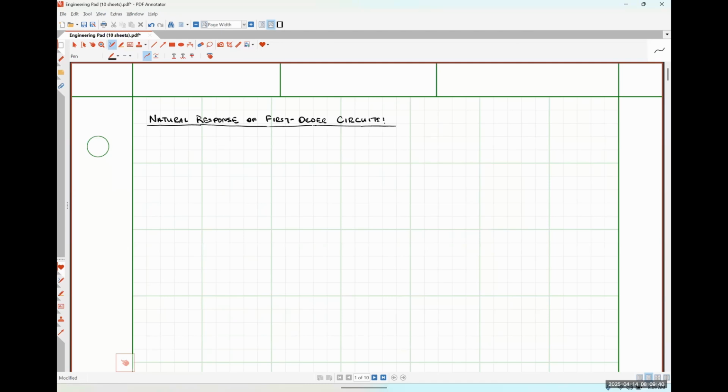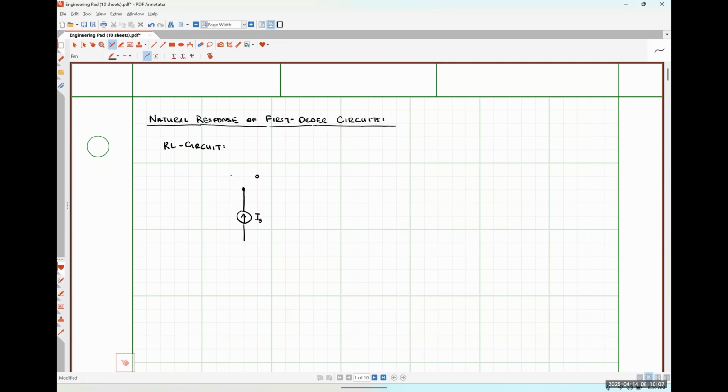So I want to start with an RL circuit, okay? And so let's say that I have a system that looks something akin to this. So here I have some current source IS. It is a DC current.